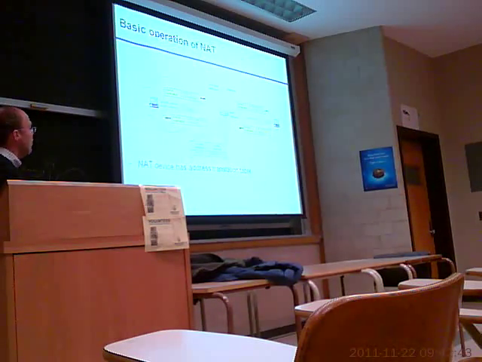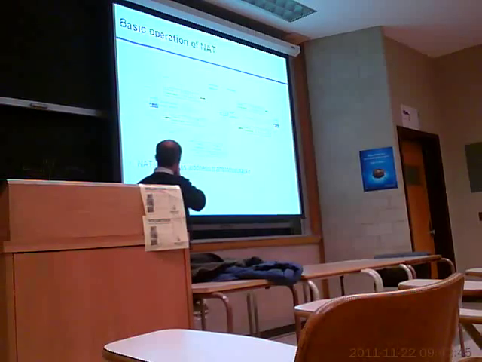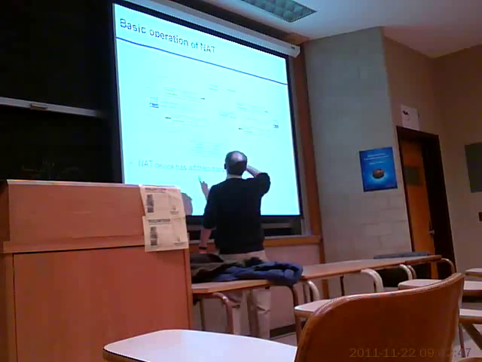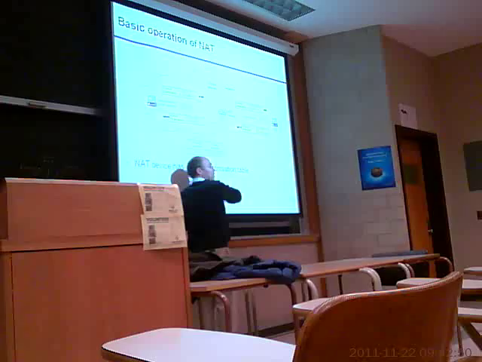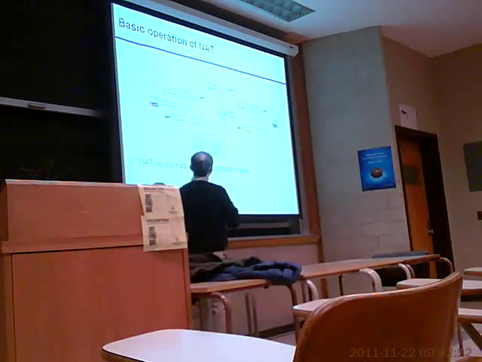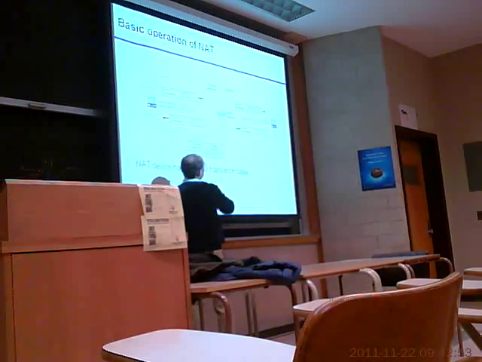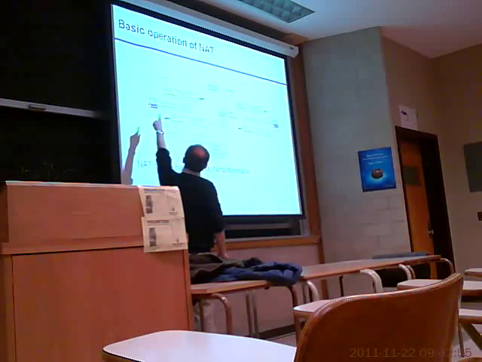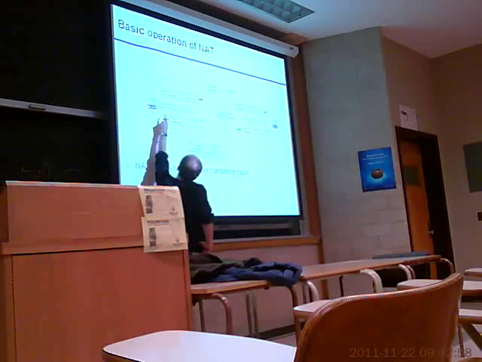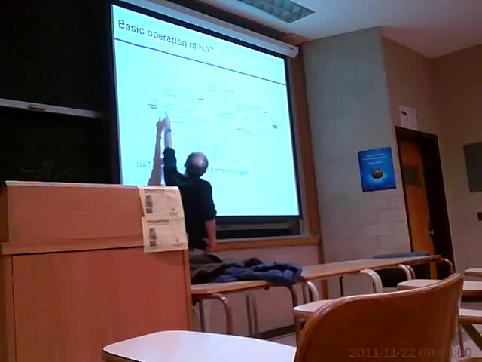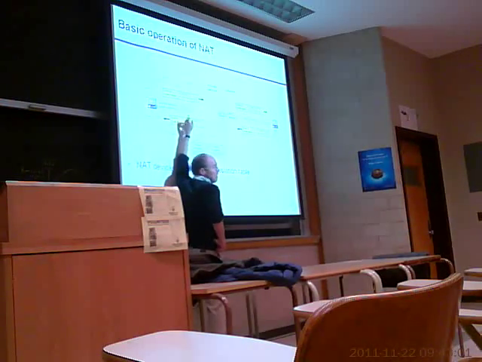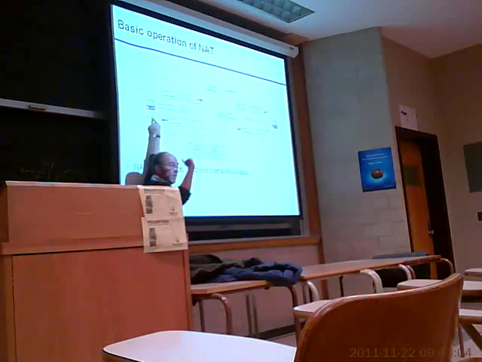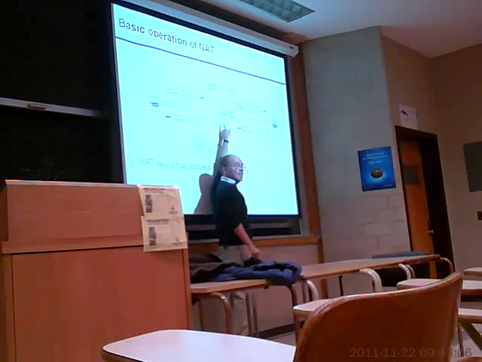So this is the basic operation of NAT. There is a table, the network address translation table, that has a private address mapped to a public address. The computer here has a private address, not the NAT router.